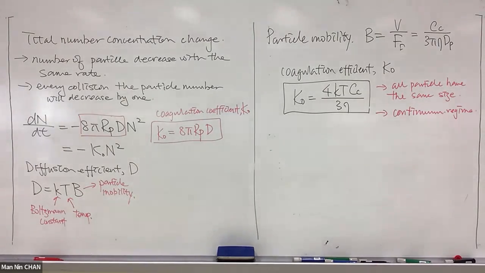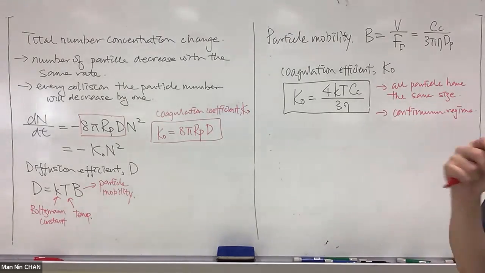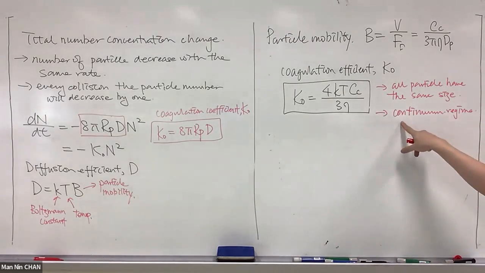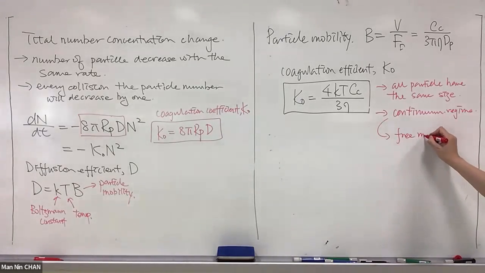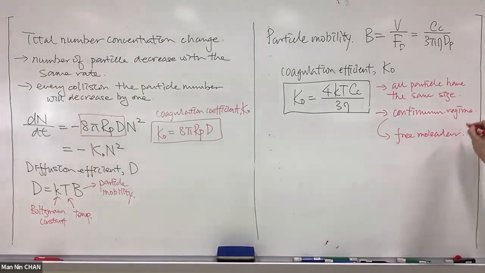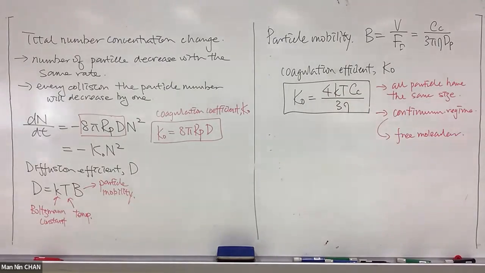But of course, you can also argue that when the particle is getting smaller and smaller, we are not in the continuum regime anymore. So we can go to the kinetic regime, or we call it the free molecular regime, right? Therefore, this coagulation coefficient needs a correction.